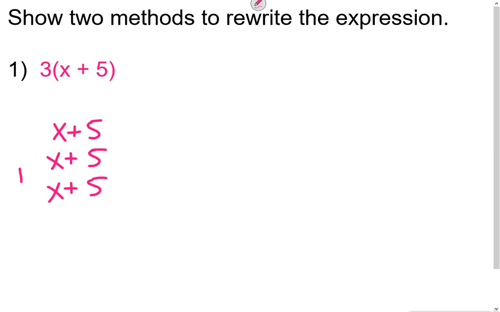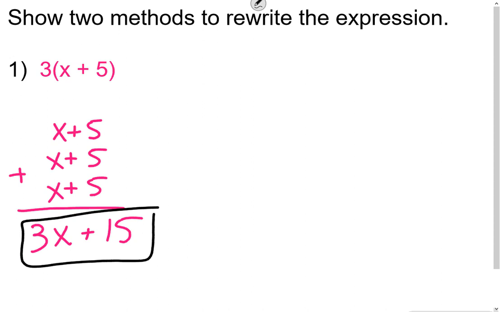Now, if we add all of those together, we end up with 3x plus 15. x plus x plus x is 3x, 5 plus 5 plus 5 is 15. Therefore, 3 times the quantity of x plus 5 is also equal to 3x plus 15.